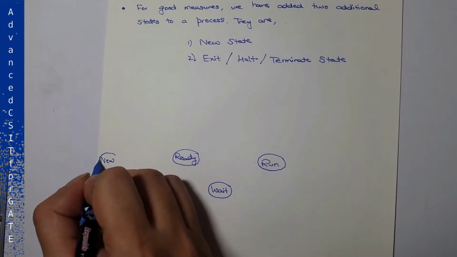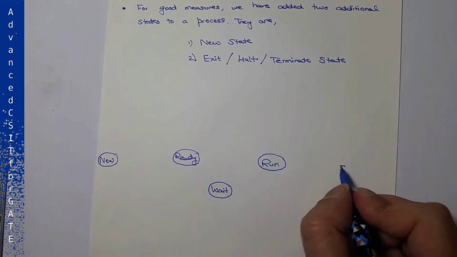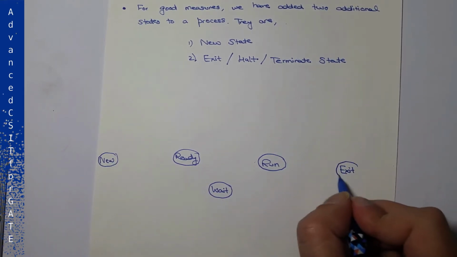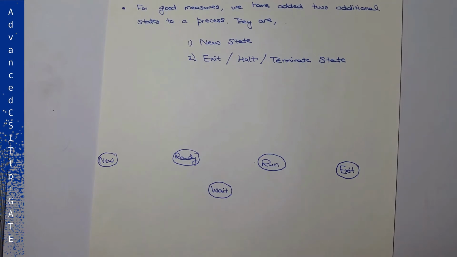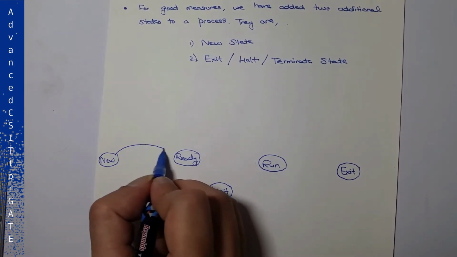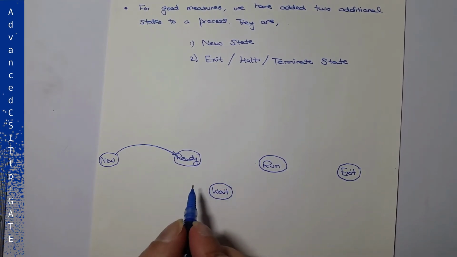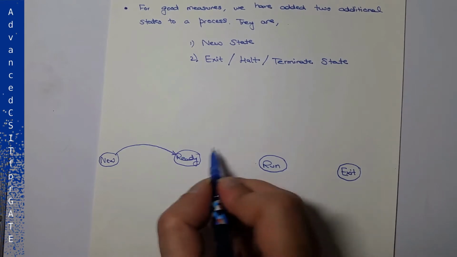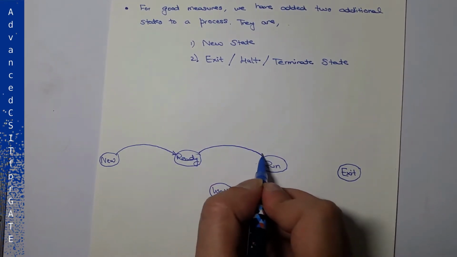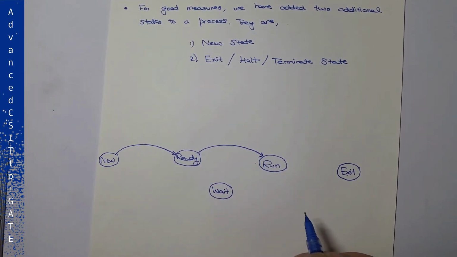First one is the new state and the second one is exit state. The process will come from new state to ready state. The process here would be admitted from new to ready. From ready to run, it will similarly as in last time be dispatched or scheduled.